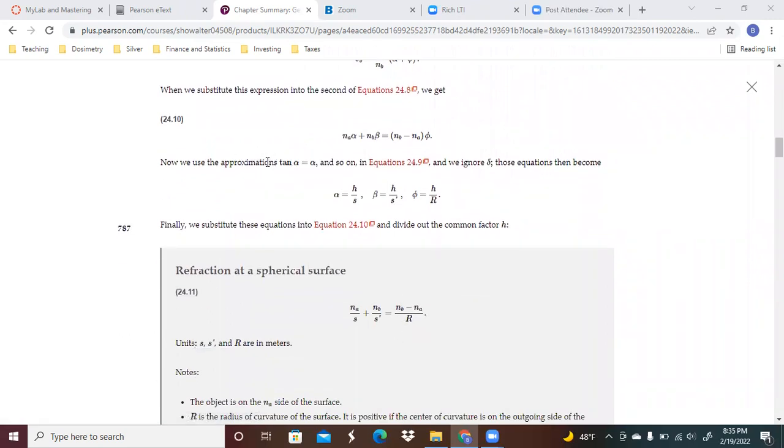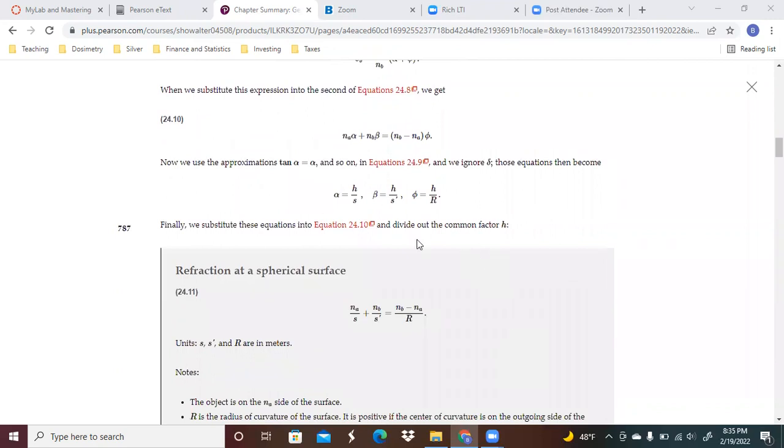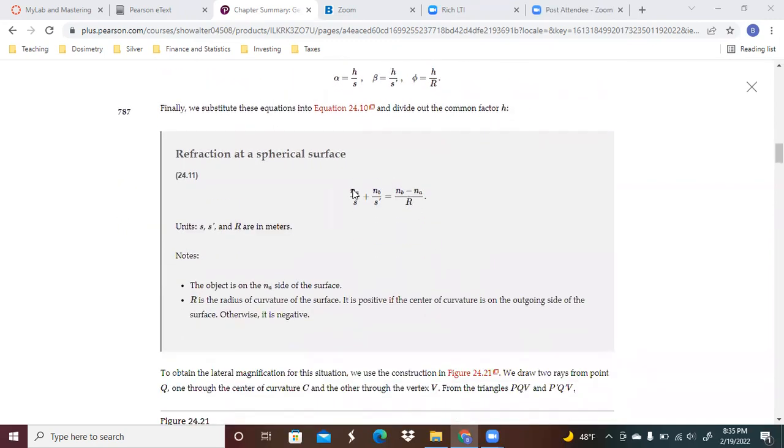Again, we're going to use the approximation that the tangent of alpha is equal to alpha, small angle, about the same, and we're going to ignore it in these equations. And this becomes this. And then finally, we substitute these equations into equation 24.10, divide out the common factor of h, and we come up with this, the refraction at a spherical surface.